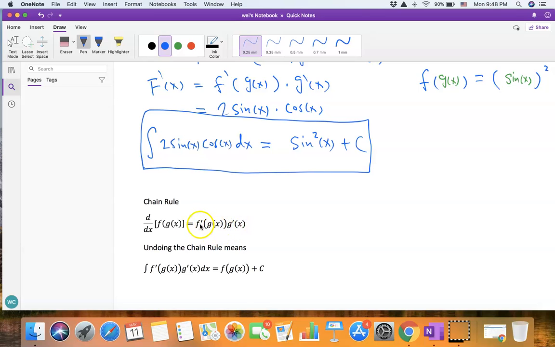The result is f prime of g of x times g prime of x. Now, if I take the integral of a function with this pattern, the result will be the antiderivative, which is capital F of g of x.